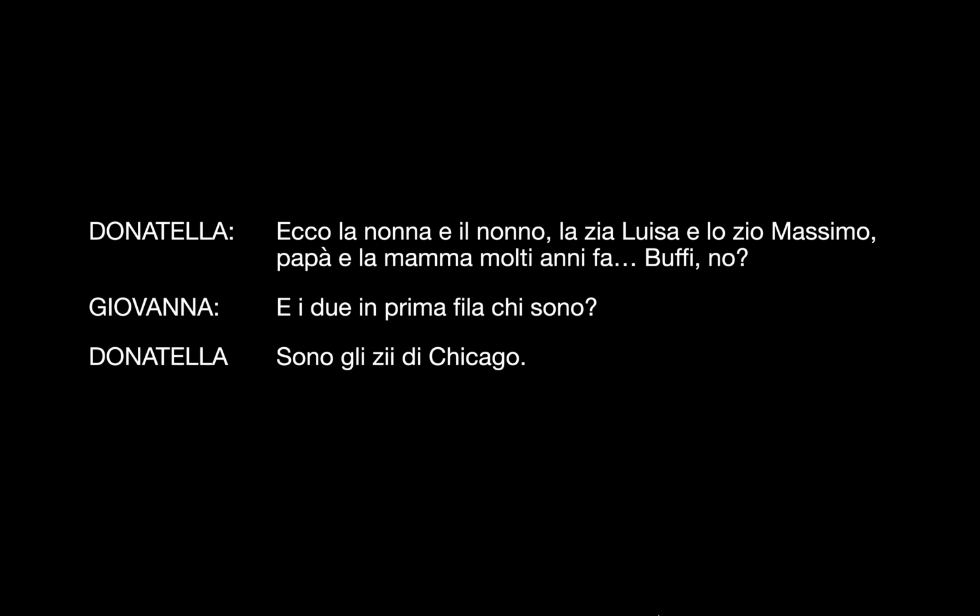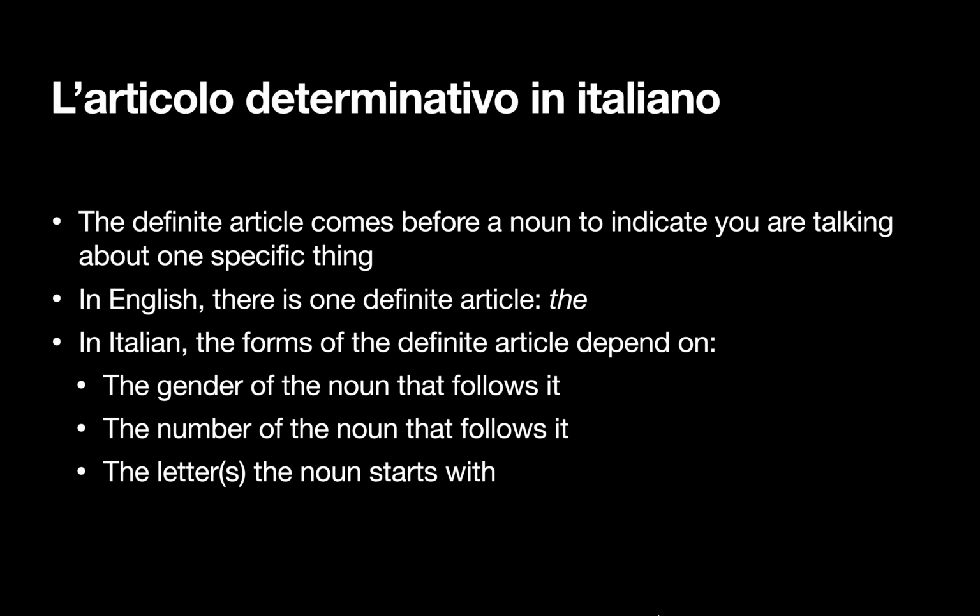Ed ecco gli articoli determinativi. Allora, the definite article in Italian is a little word like the word the in English that comes before a noun to indicate that you're talking about one specific thing.